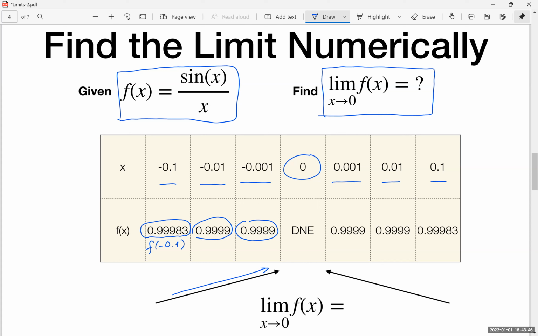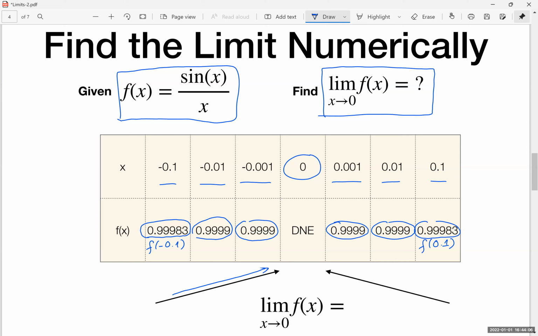And on the right side, f at 0.1 gives this value, 0.9983, at 0.01 you get 0.999, and at 0.001 you get 0.999.